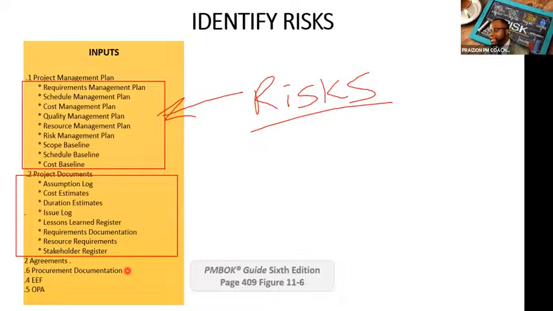And if your contract is at risk, you need to unravel those risks. Also, there could be some decisions that you make of a procurement nature. You might need to purchase insurance and things like that. So it gets very integrated and interwoven. And that is why this whole discussion about what is an input to identify risks goes on for many, many pages.